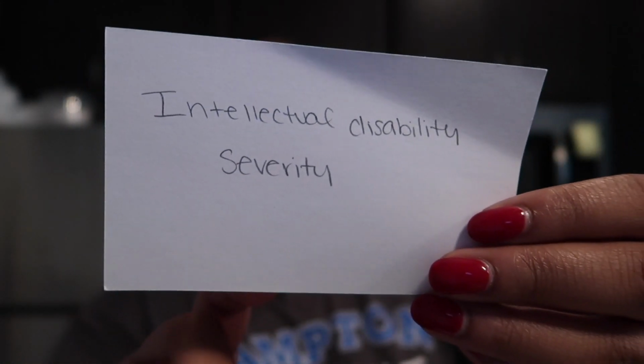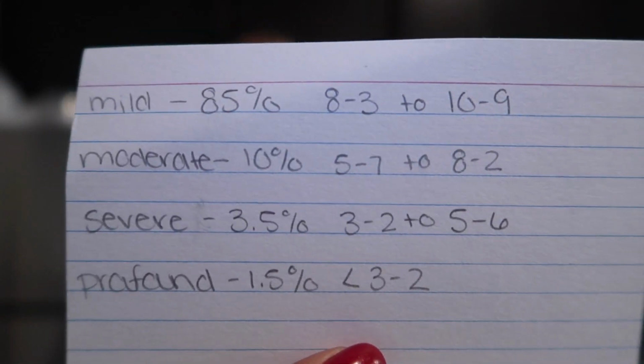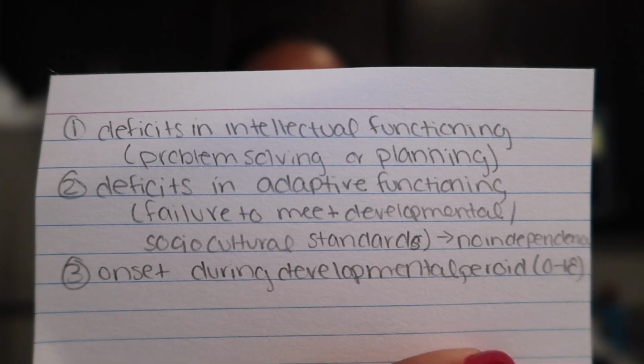The first part was about severity, and I wrote all that out on one index card. The second part was, what are the criteria for intellectual disabilities? I wrote all that out on the back, and then I literally just go through and flashcard myself.